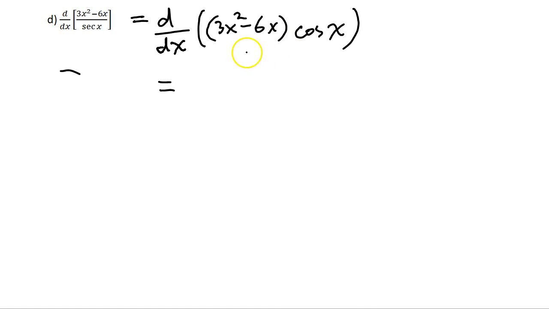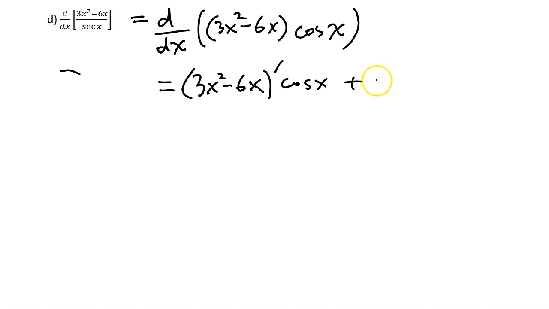And that's a lot easier because product rule is easier to apply than the quotient rule. Now I'm going to use product rule, product of two functions. Okay, 3x squared minus 6x, and then cosine x prime.